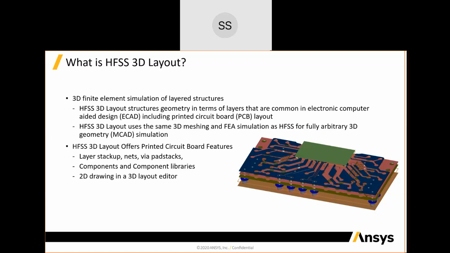If we want to edit something on the board, changing the layer thickness, for example, that's just a button click to do here. If we're looking at via definitions, we can easily update them by changing padstack definitions that are then applied to all the other vias that use the same definition. So it makes it very easy and convenient to interact with this kind of geometry.